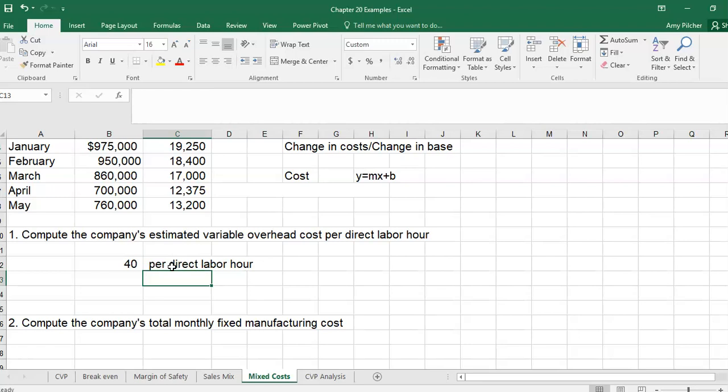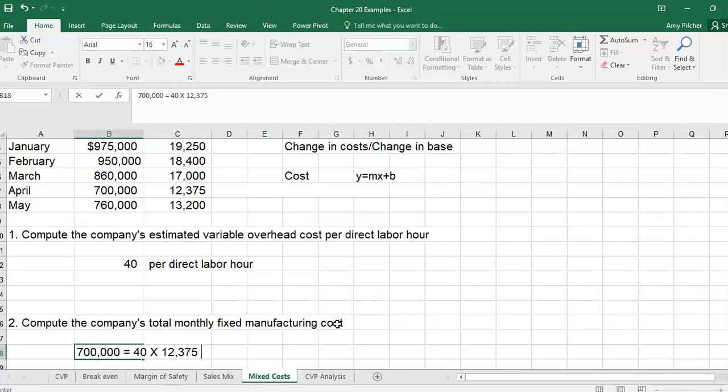To calculate then what our total fixed cost is, we're solving for b here, so we're going to create that equation of a line. We take one of our points, we take the April amount here. So 700,000 equals $40 per unit times 12,375 direct labor hours plus our b, our mixed cost.